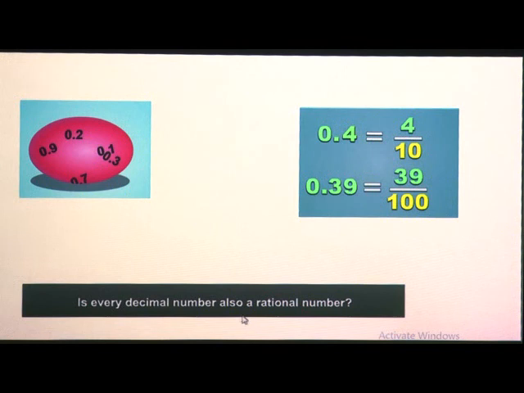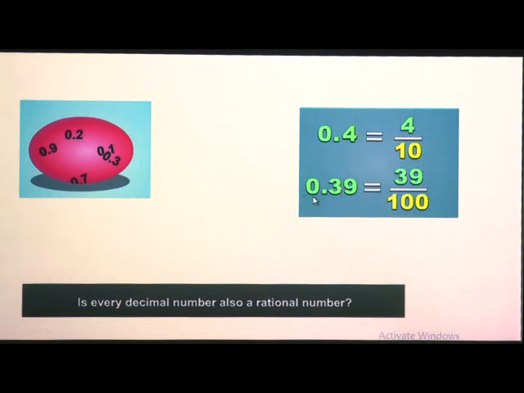So we will see how to write a decimal as a fraction. We have an example here, 0.4. This is in the form of a decimal. You can write it in fraction form as 4 upon 10. So this is nothing but a rational number, which is in the form of P upon Q. So we can say that every decimal number is also a rational number.